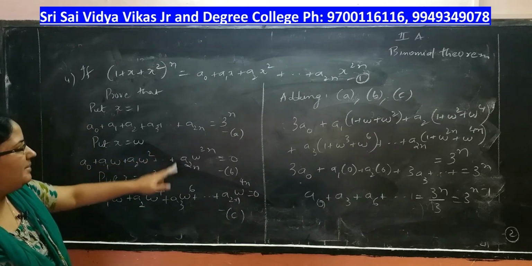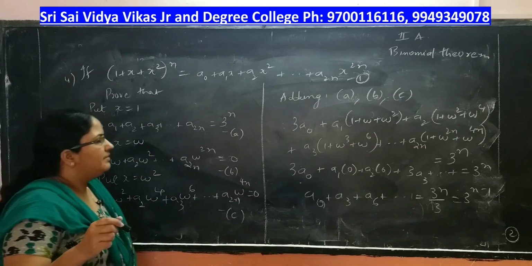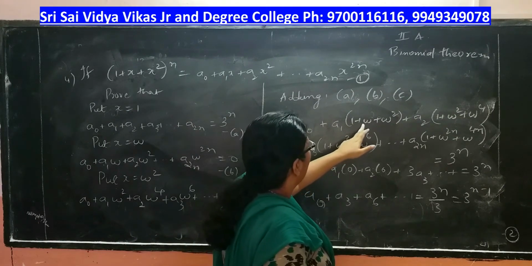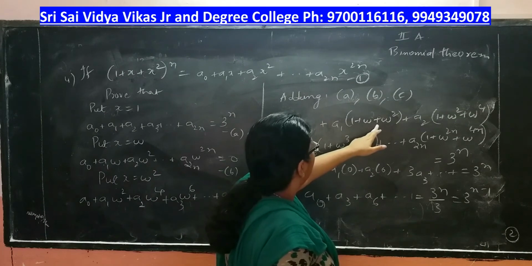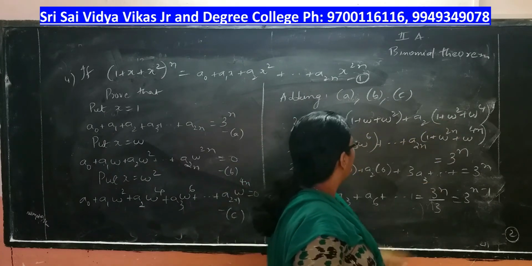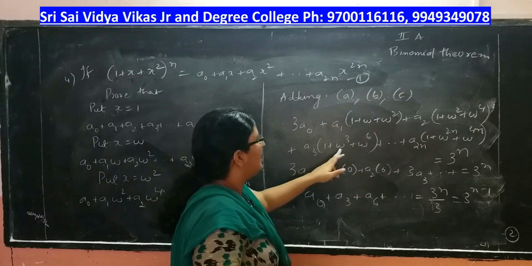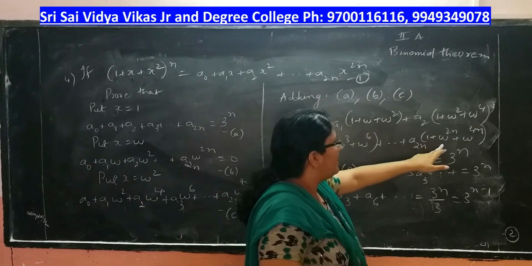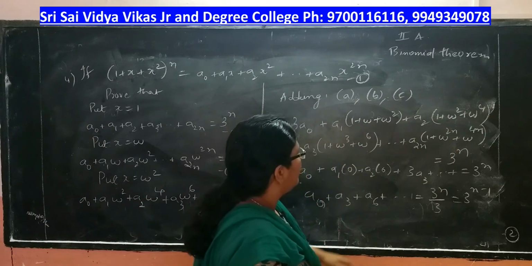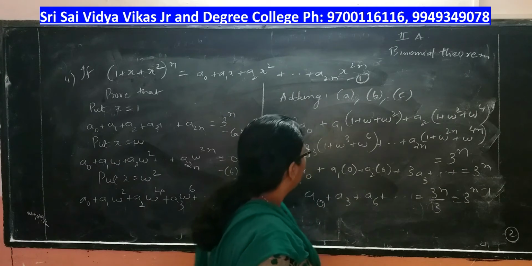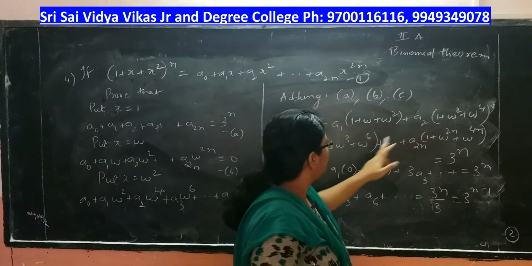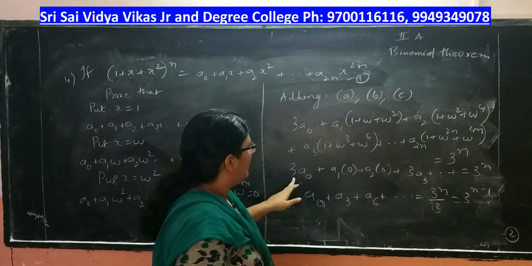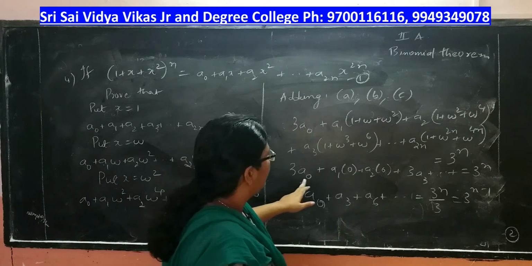Now we are adding a, b and c. On adding a, b and c, we get 3a0 + a1 into (1 + omega + omega²), a2 into (1 + omega² + omega⁴), a3 into (1 + omega³ + omega⁶) and so on, plus a2n into (1 + omega^(2n) + omega^(4n)), that is equal to 3^n. Now this will be 0, this will be 0, this will be 3. So you are left with 3a0 + 3a3.